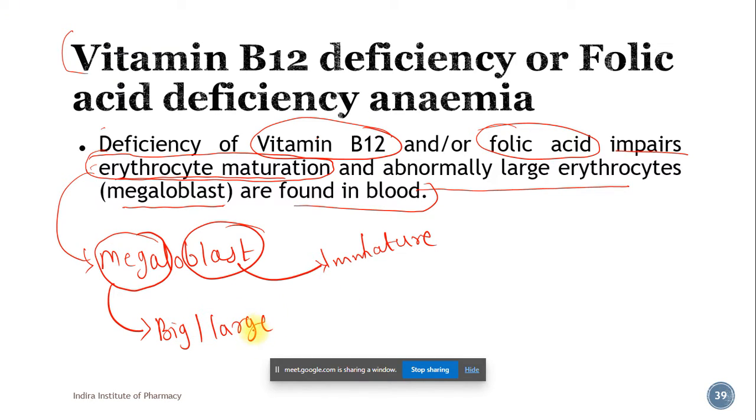So the size of the cell in case of megaloblast is very large or very big. And the cells that are released from the red bone marrow are immature. Why are they immature? Because there is deficiency of vitamin B12 and or folic acid. Thus the erythrocytes don't mature into mature erythrocytes, and they are released as megaloblasts.